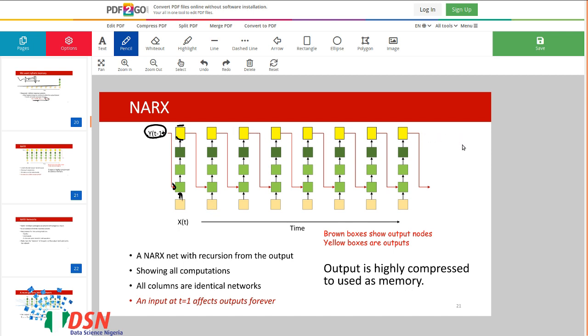So this is one way to do the recursion from the output. In fact, an input from time step 1 could affect all of the other time steps. So this is kind of infinite memory, because it could affect all of the other steps, which we are more interested in.